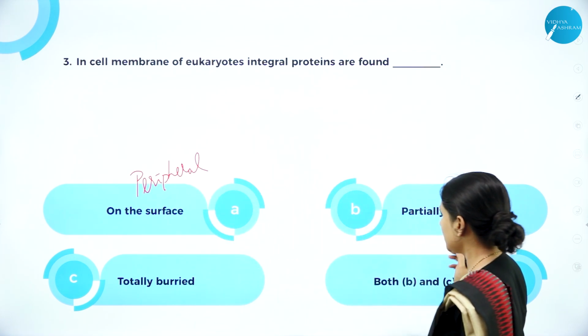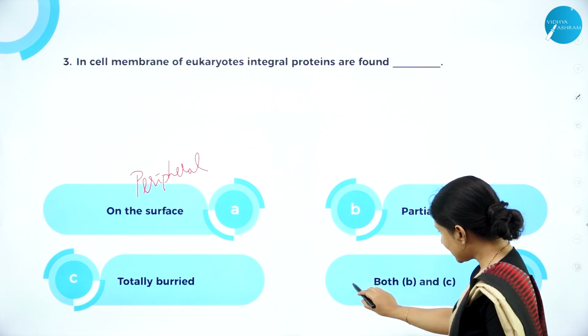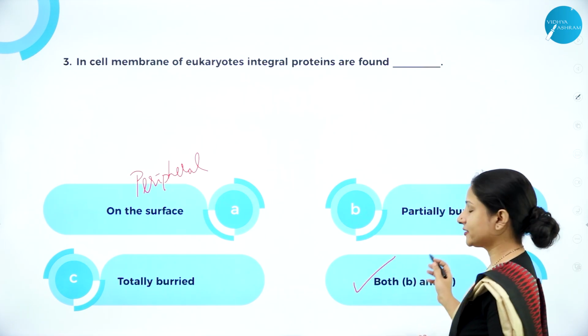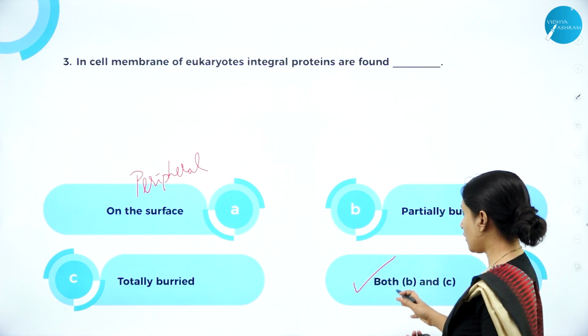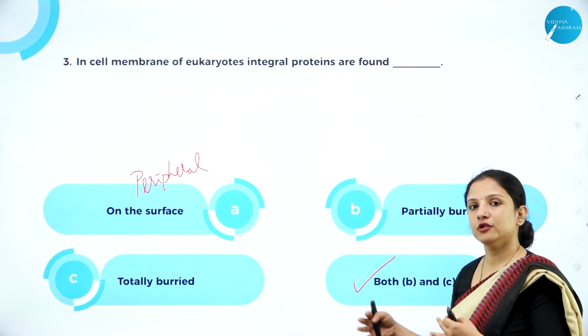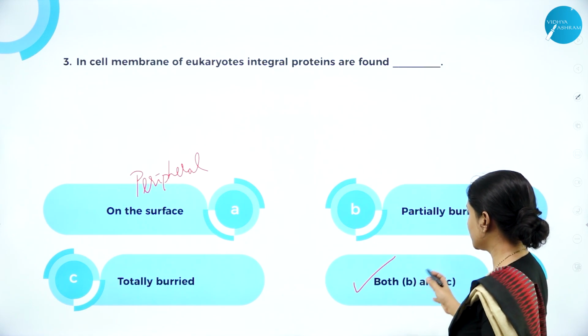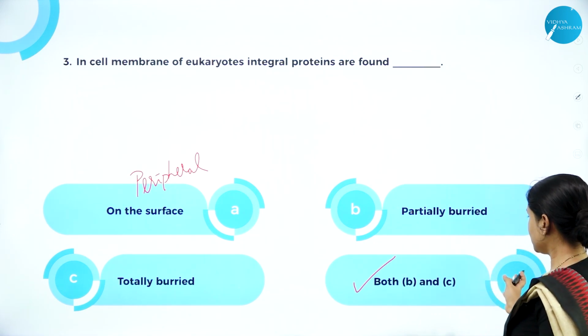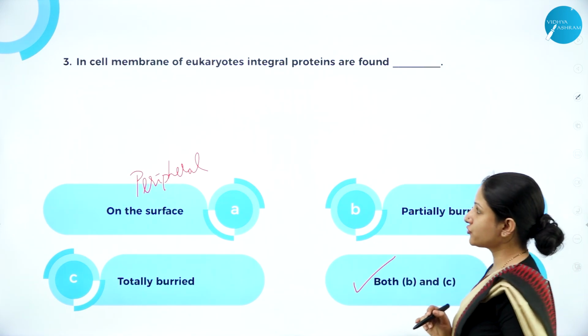Partially buried, totally buried: both B and C are right. So option D is the right answer, because integral proteins can be partially buried or totally buried. Therefore, we choose option D here.